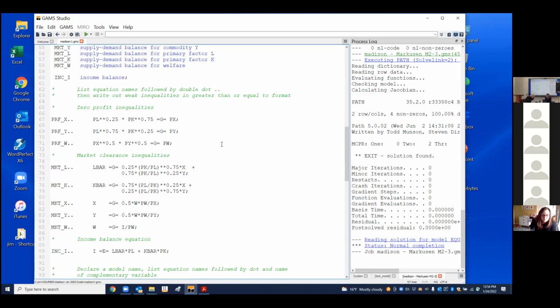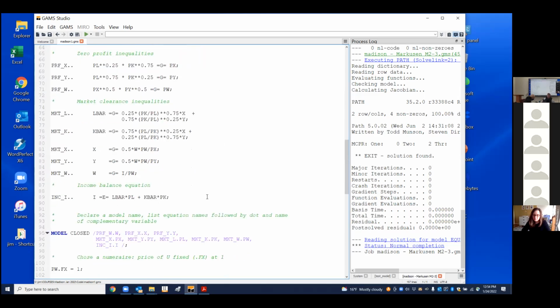That's again just derived, X and Y demands are derived by just applying Shepard's lemma to the expenditure function, the cost function for producing utility. And then income balance is more of a definitional equation.